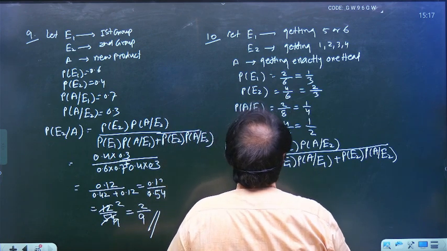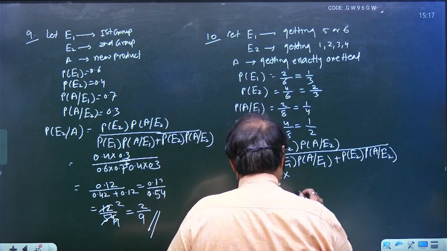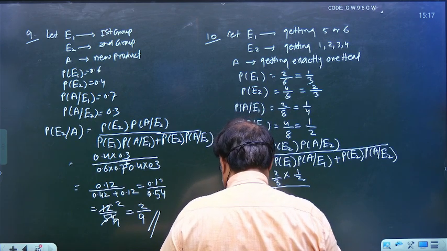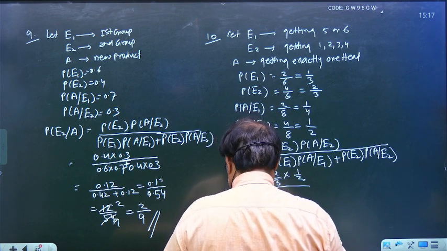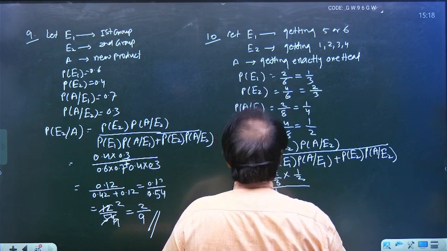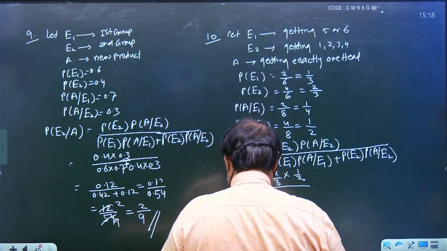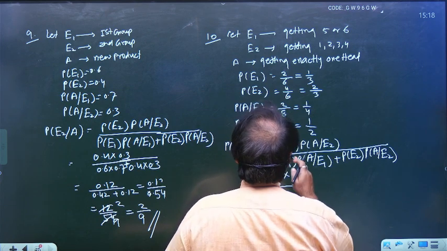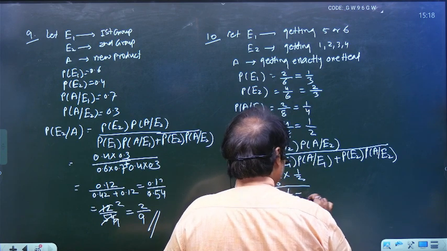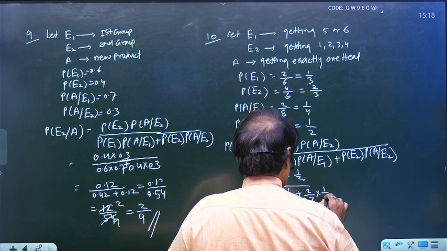So the probability of E2 is 2 by 3, and A by E2 is 1 by 2, and probability of E1 is 1 by 3, and A by E1 1 by 4, plus E2 2 by 3, and A by E2 1 by 2.